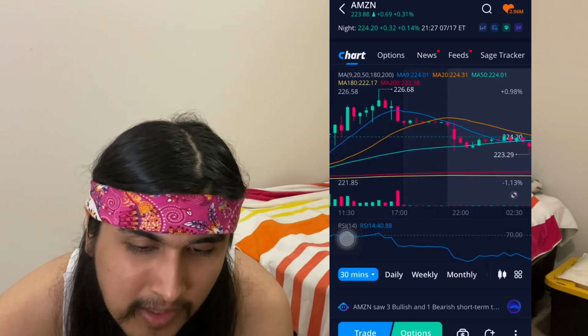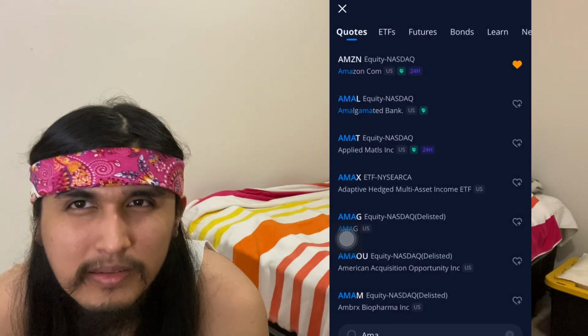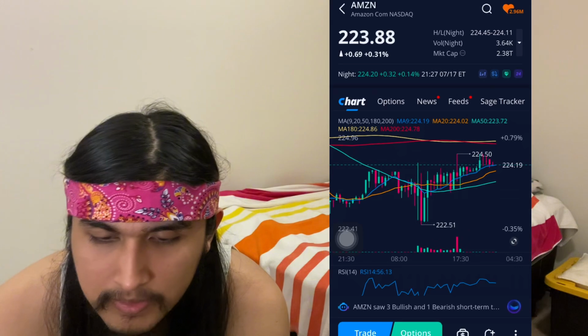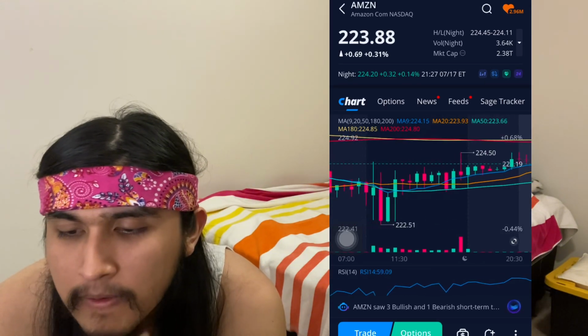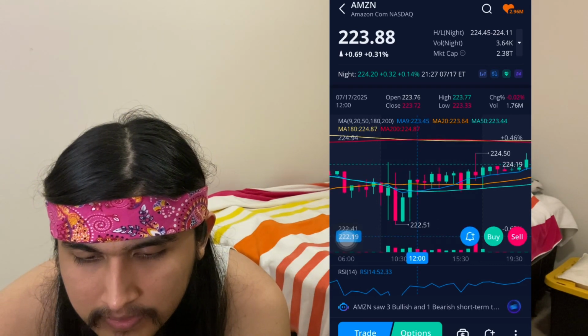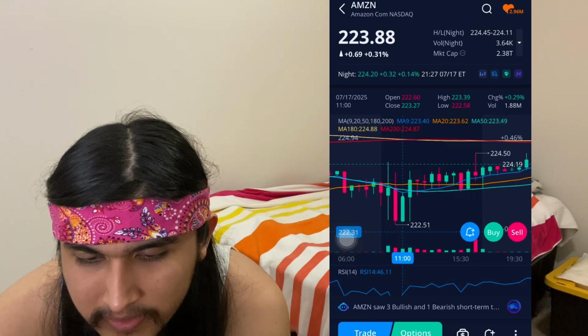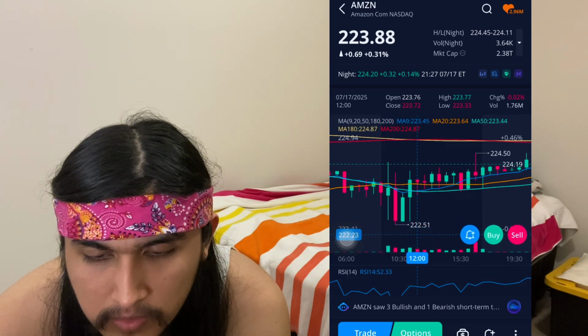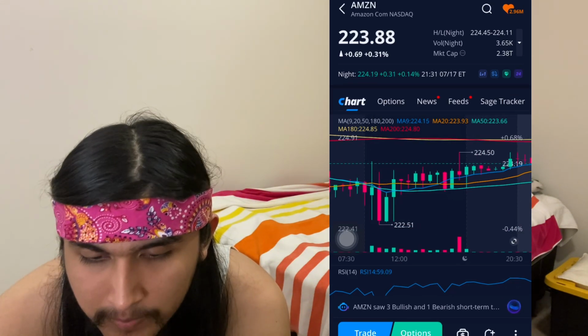Let's see if we can make an example. I wouldn't say this is 100% foolproof, but let's look at today's chart. Here it's a little difficult because the chart looks very sloppy. So here's what you could have done: you could have played Amazon put options.